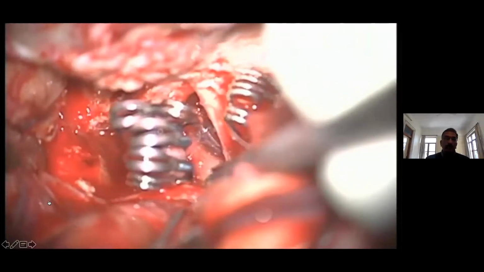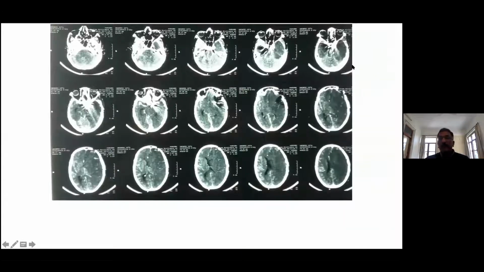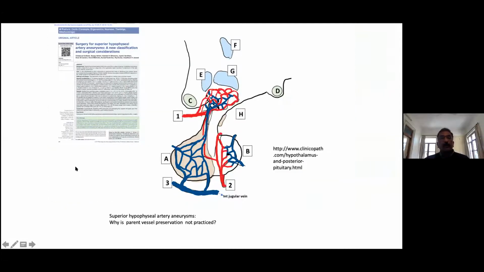So this was the final image. But this patient developed a hemispheric infarct, and we had to do a decompressive craniectomy. And of course, he didn't do well. So therefore, in a superior hypophyseal artery aneurysm of this type, you do not need to see the proximal vessel simply because there is a plexus there, and there are multiple vessels which are supplying the pituitary stalk and the hypothalamus.